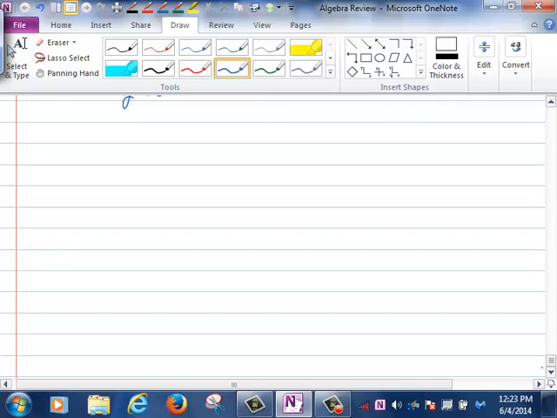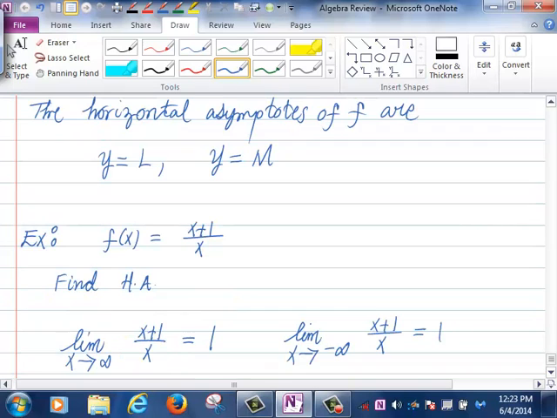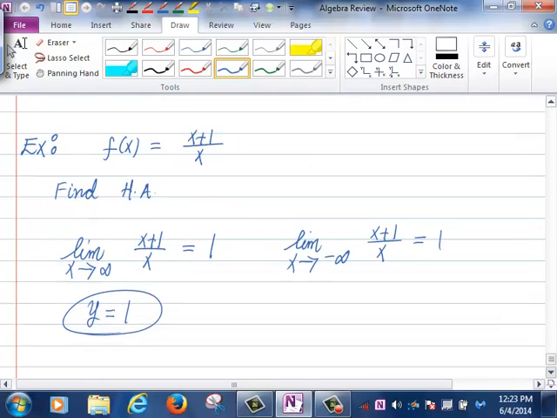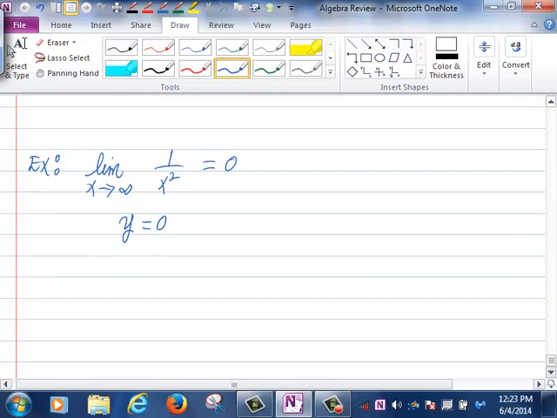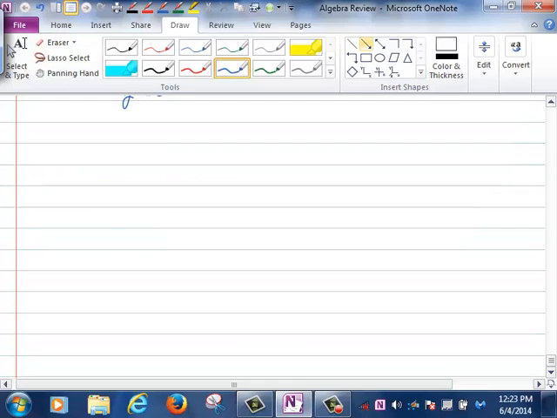So generally speaking, how does the graph of a function look when it has a horizontal asymptote? Well, let me give you a graph here.